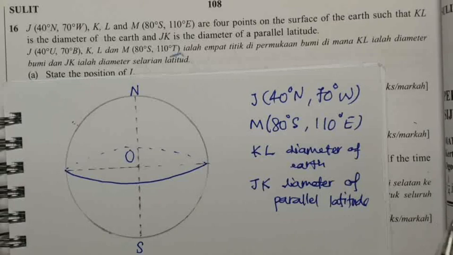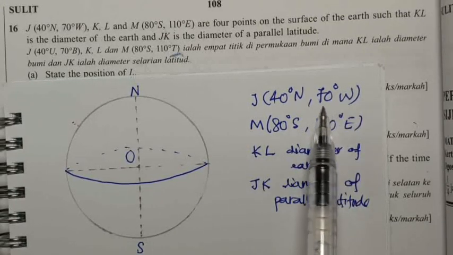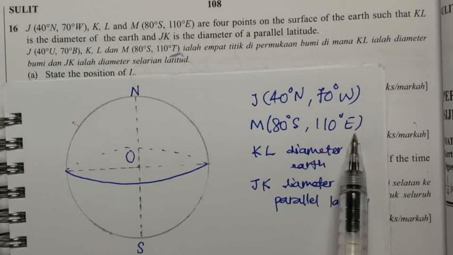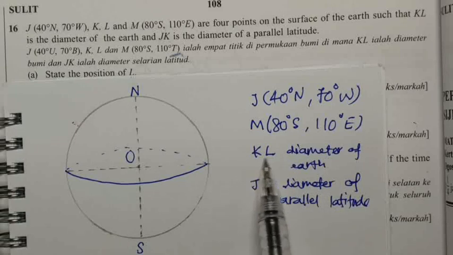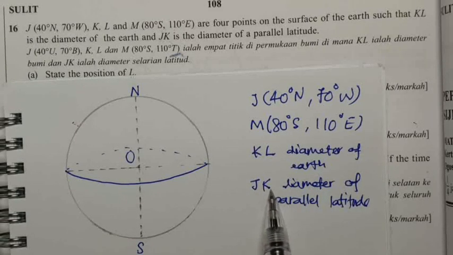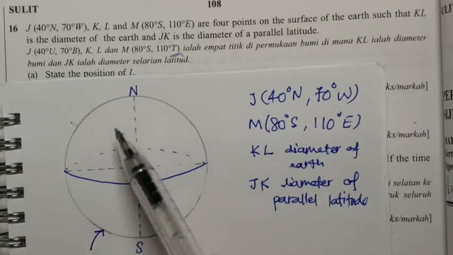Where is J? You will notice that J and M are at longitudes where one is 70° west and one is 110° east, and then we have KL as the diameter of the earth, and J to K. Always use the great circle.